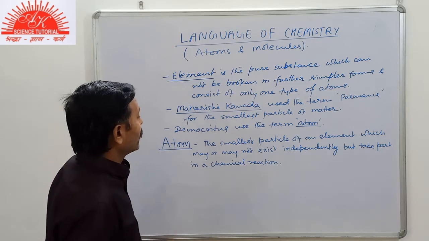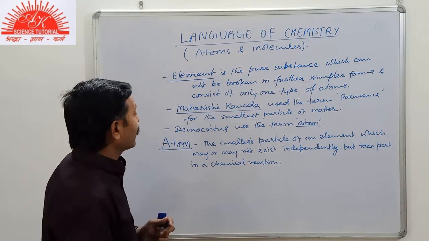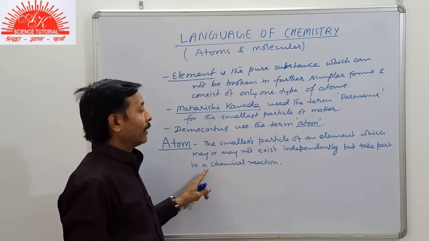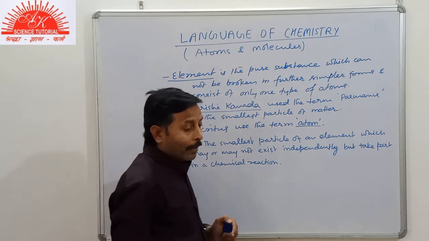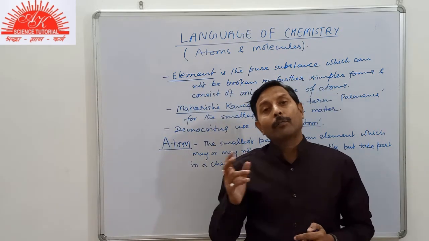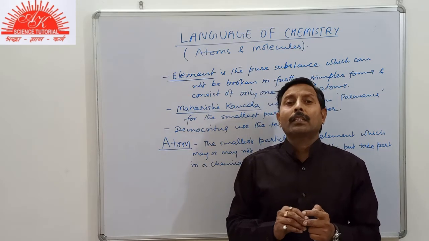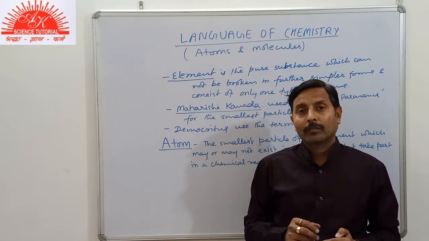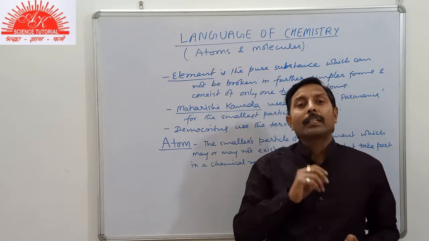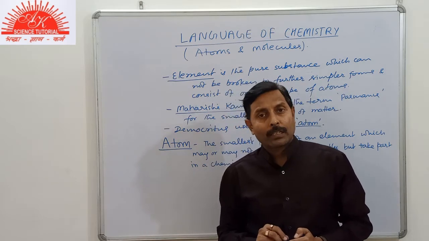Now students, we see here that an atom is the smallest particle of an element. Many scientists gave atomic theories, one of which was by John Dalton. According to Dalton's atomic theory, there are some main postulates.